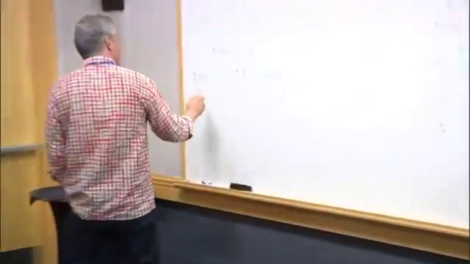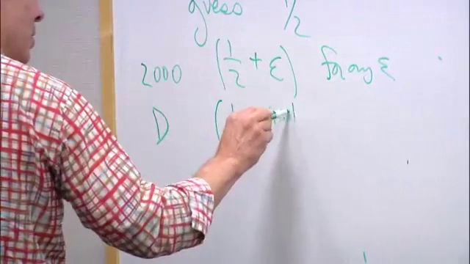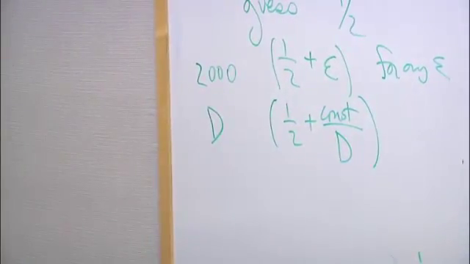It was shown at about the same time that you could get a half plus constant over D approximation ratio. That was achievable by Hofstad around the same time.